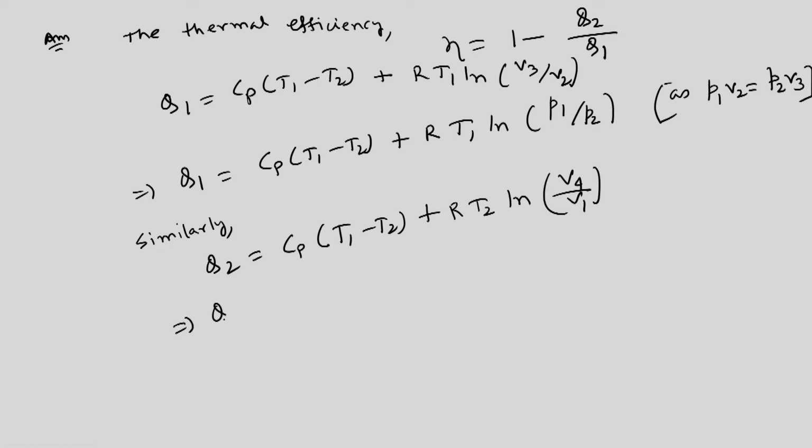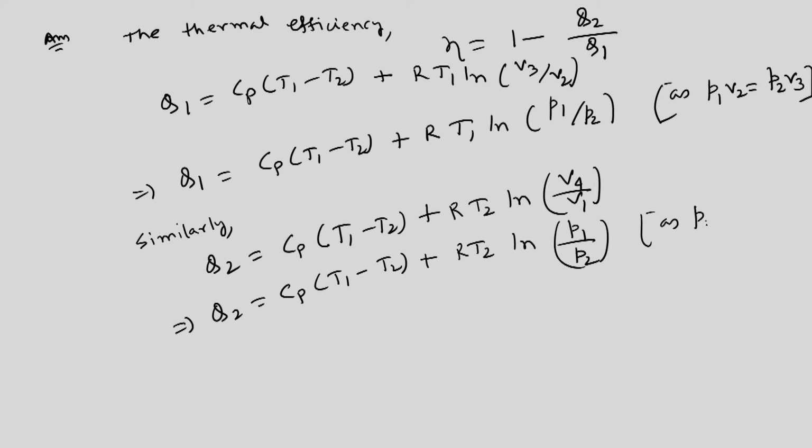So, you can write Q2 is Cp times (T1 minus T2) plus R T2 ln P1 by P2, as P1 V1 equals P2 V4, right. So, we have got the value of Q1 and Q2. So, we need to calculate now eta.